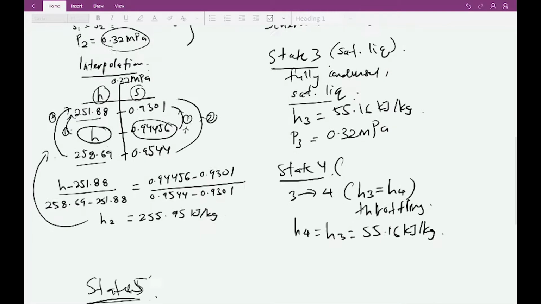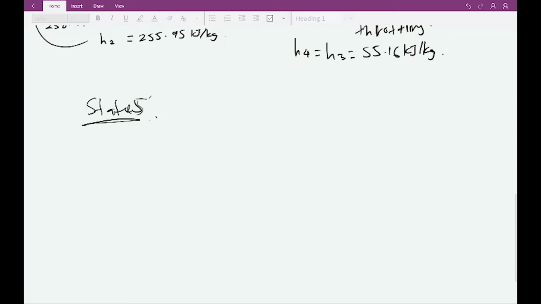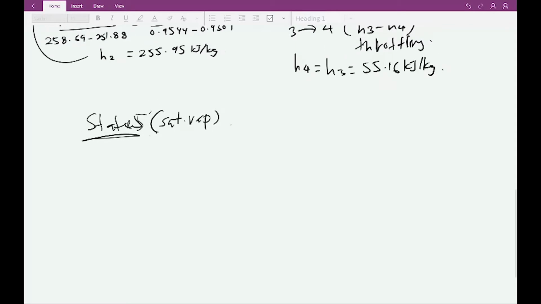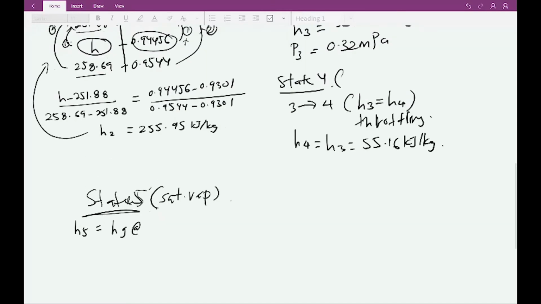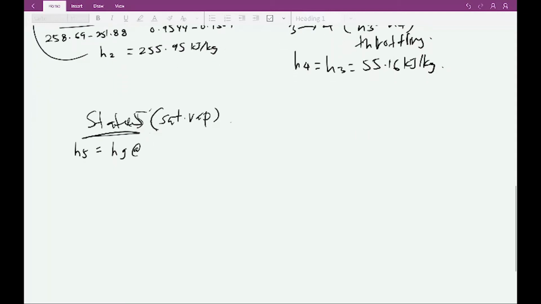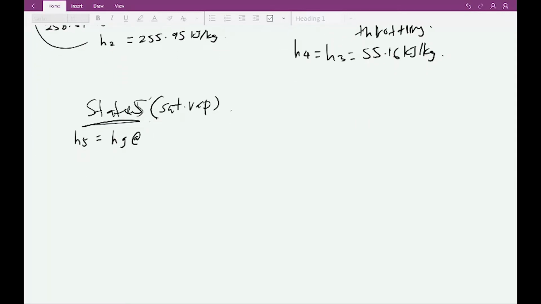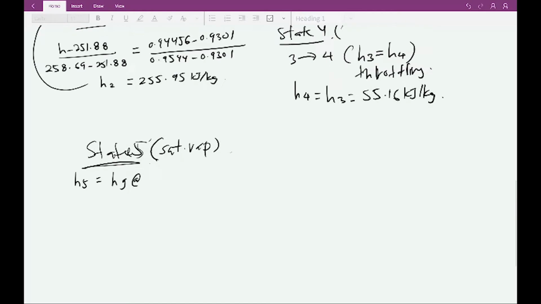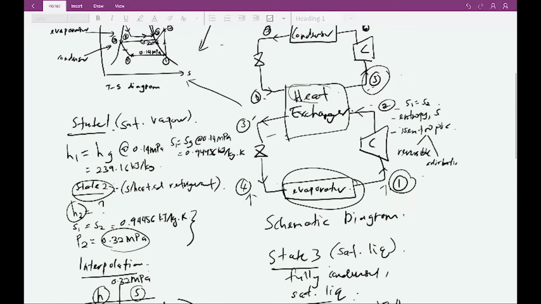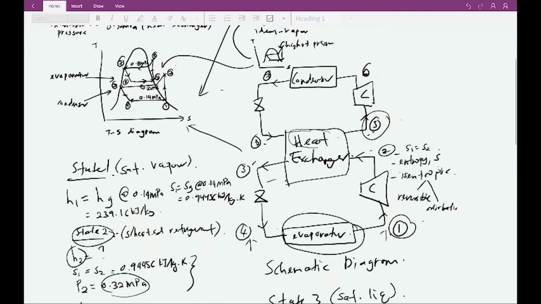So when it exits the evaporator, state 5 should be saturated vapor, because all of the refrigerant changes into saturated vapor. So to find the enthalpy H5 here, we should use H5 equal to Hg at its corresponding pressure.